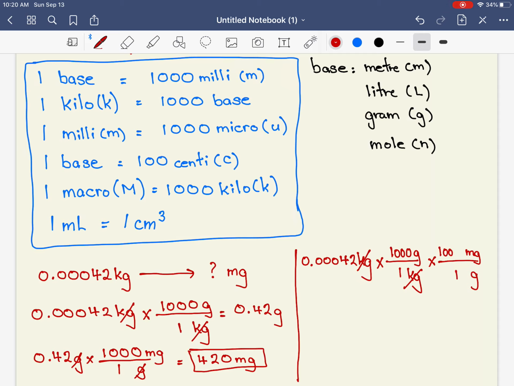And the relationship is that 1 gram is equal to 1,000 milligram. That way, you can see the fact that grams and grams cancel. And the only unit I have here is milligram. And this is nothing more than, of course, again, as I mentioned, multiplying 1,000 twice. And you should, of course, get 420 milligram.